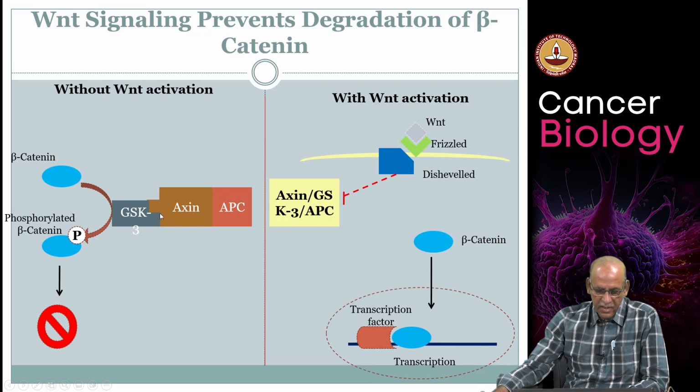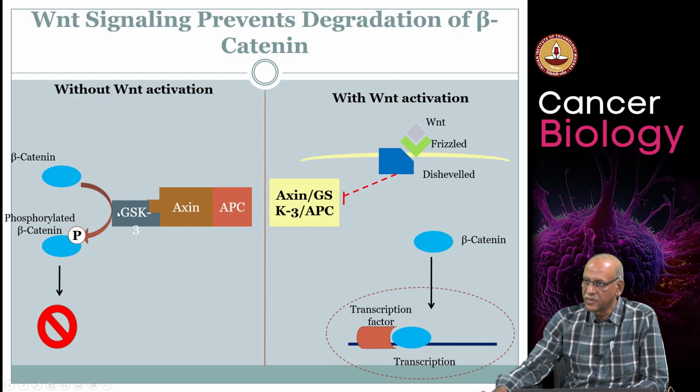Of course, the main kinase that phosphorylates is GSK3 beta, glycogen synthase kinase. It phosphorylates beta catenin at specific N-terminal serine residues, and this phosphorylated beta catenin is destined for degradation. It will be taken to the proteasome complex where it gets degraded. Now, there is no beta catenin, no Wnt signaling.